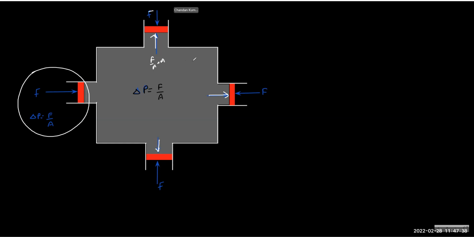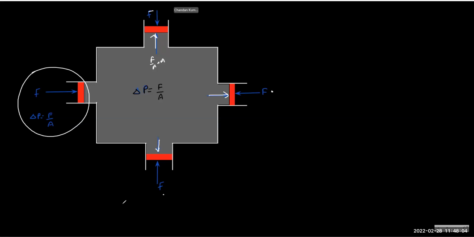Same here, same here. Is this clear? So here the extra pressure is F by A only. It is not 4F by A. That is what we generally get confused with, and that's why I asked this question.